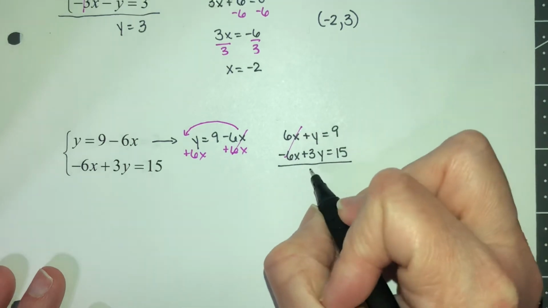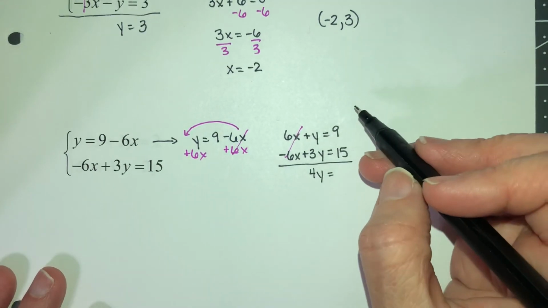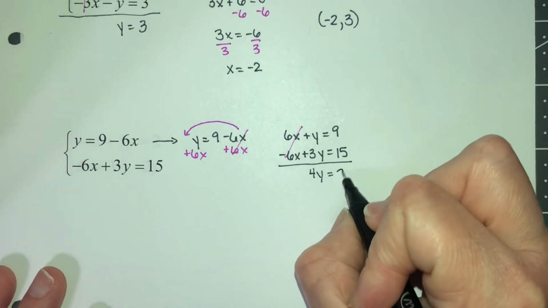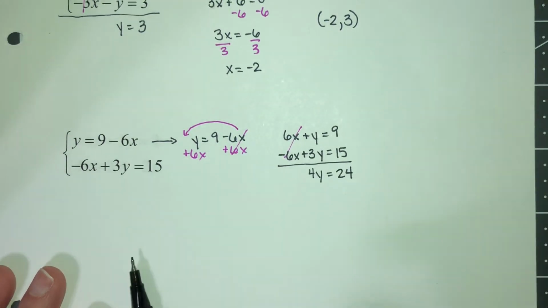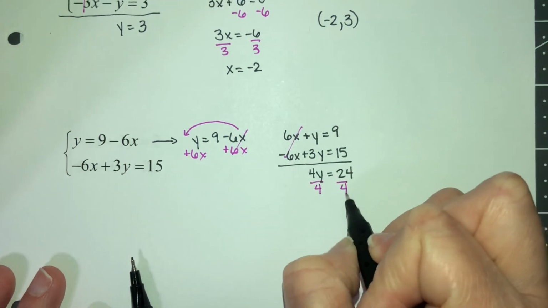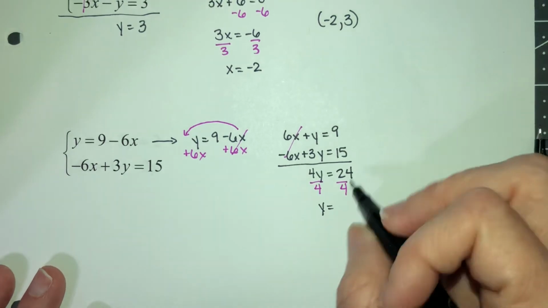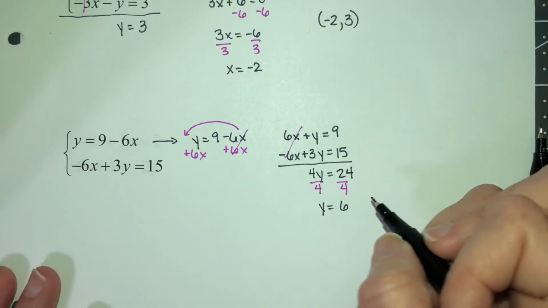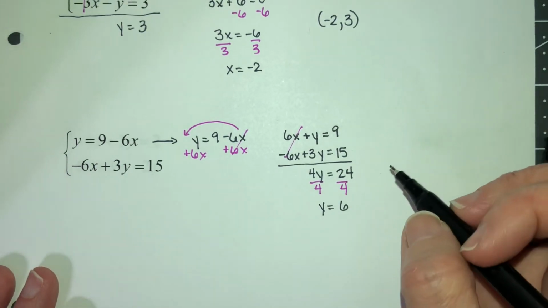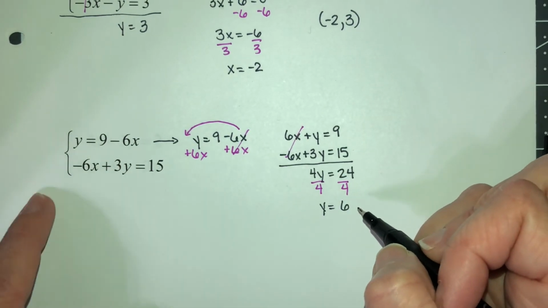Y plus 3y is 4y, equal to 9 plus 15 is 24. Divide both sides by 4. And you have y is equal to 6. Okay. Now I want to take this 6 and plug it into one of these two.